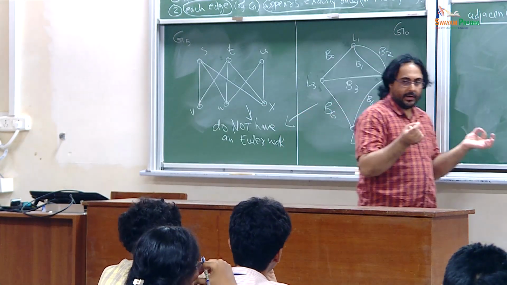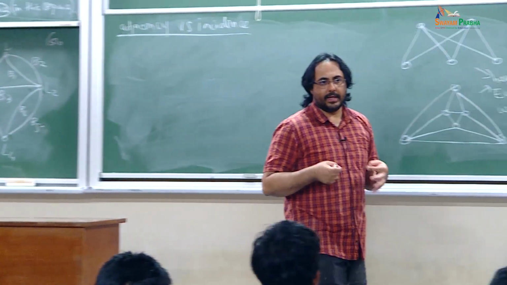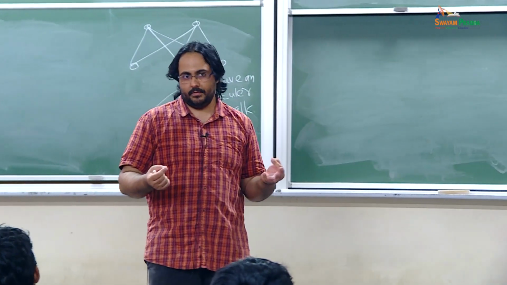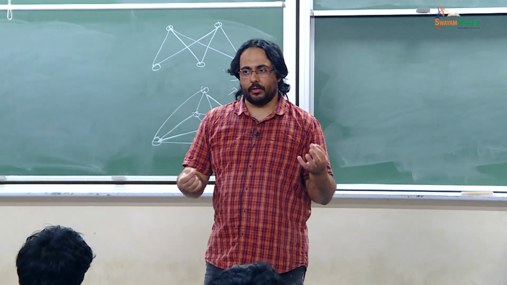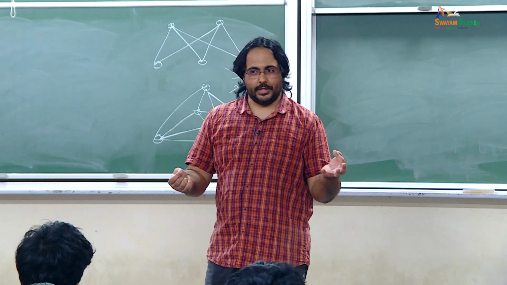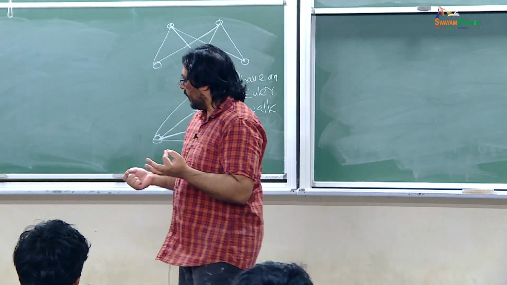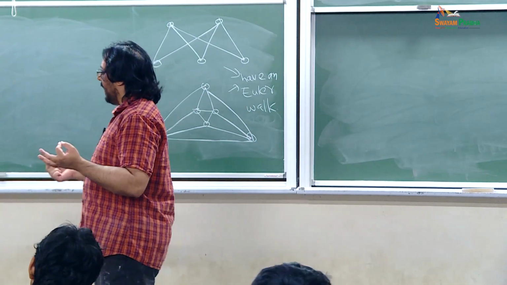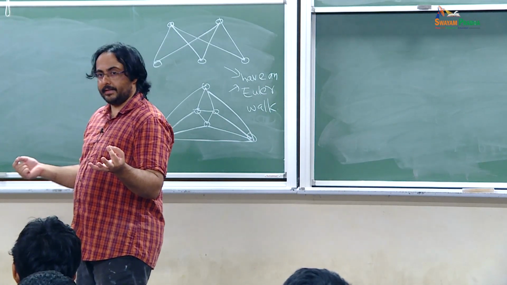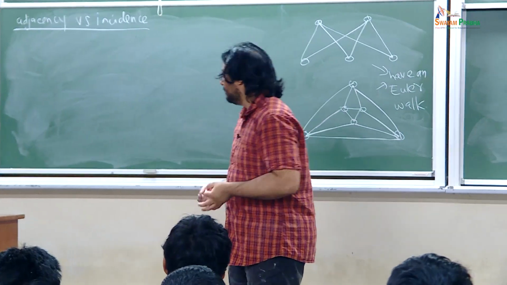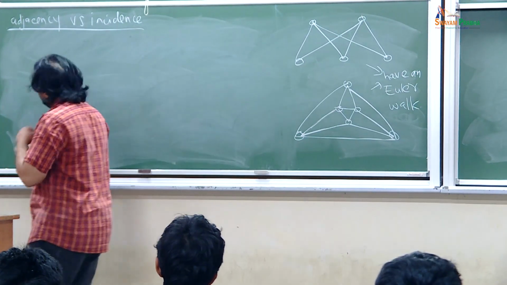So for two vertices, we will say whether they are adjacent or not adjacent. For example, S and U, are they adjacent or non-adjacent? Non-adjacent. What about U and V? Non-adjacent. What about T and X? Adjacent. Good. So we know what adjacency means for two vertices.